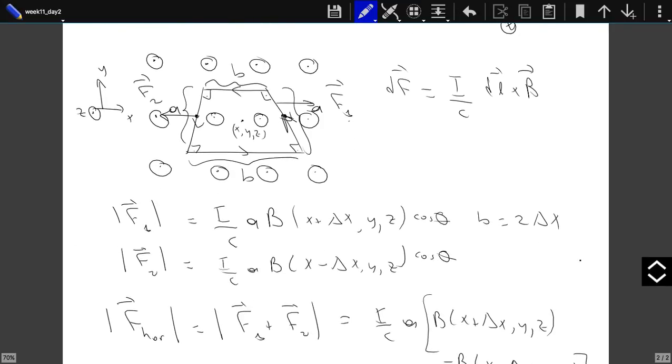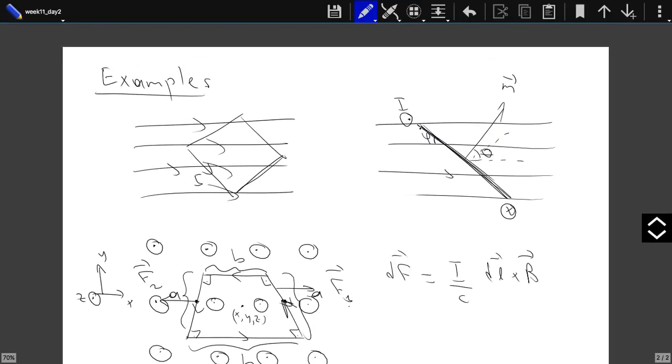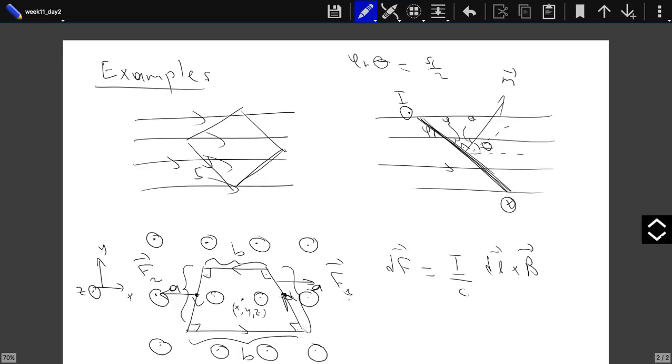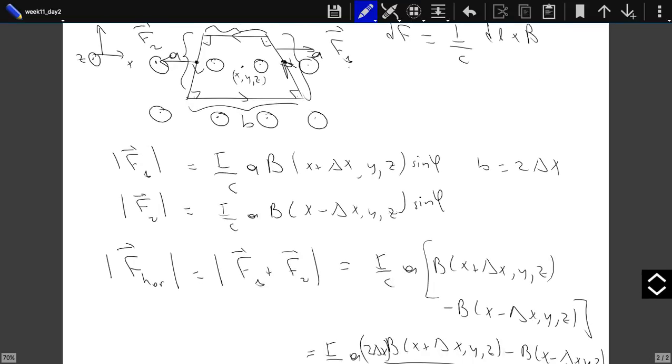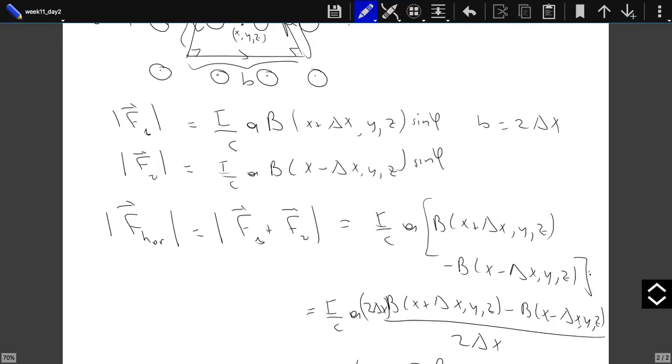So the force magnitude will be sine of phi, but you see, this is perpendicular. This angle over here is theta, this angle over here is phi. So phi plus theta is pi over 2. So sine of phi is just cosine theta.